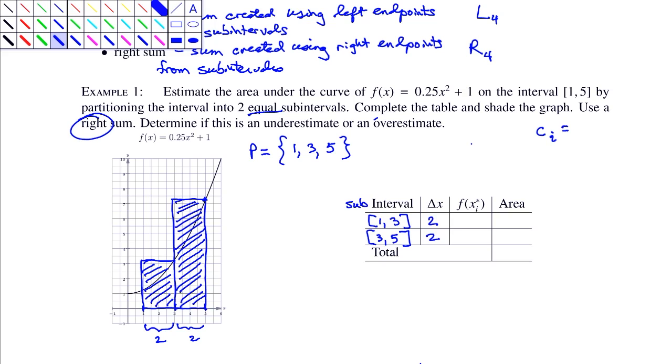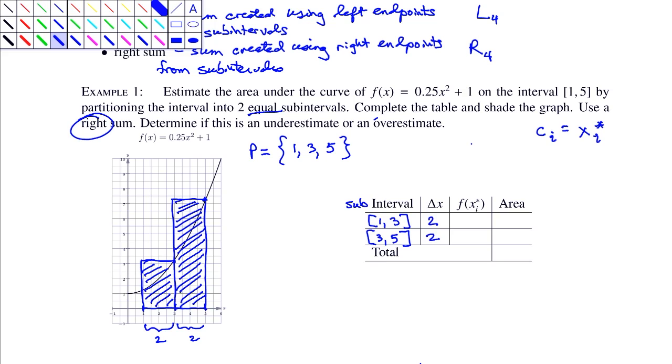So ci is the same as my xi star. Now, xi star is the x value that we have chosen to represent the subinterval. We are doing a right sum, so in this problem, it is the right endpoint. F of that point is the function value at that point, which is the height of the rectangle.